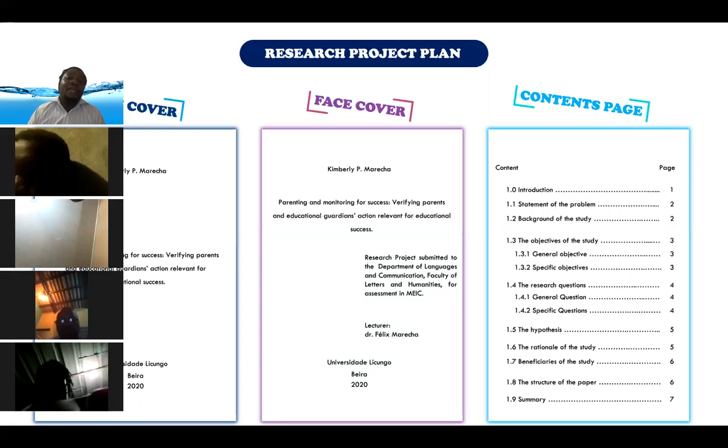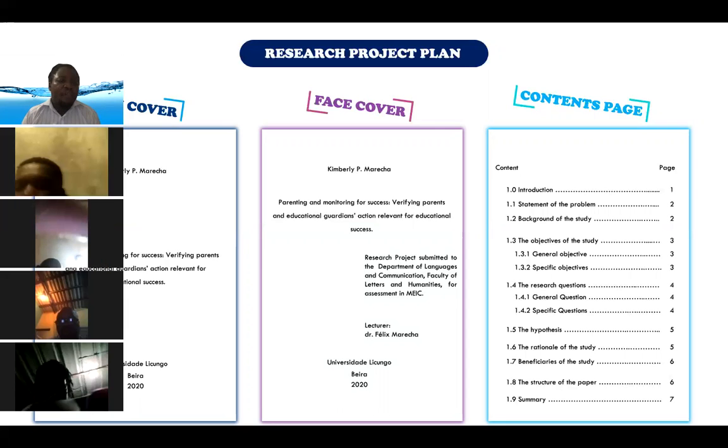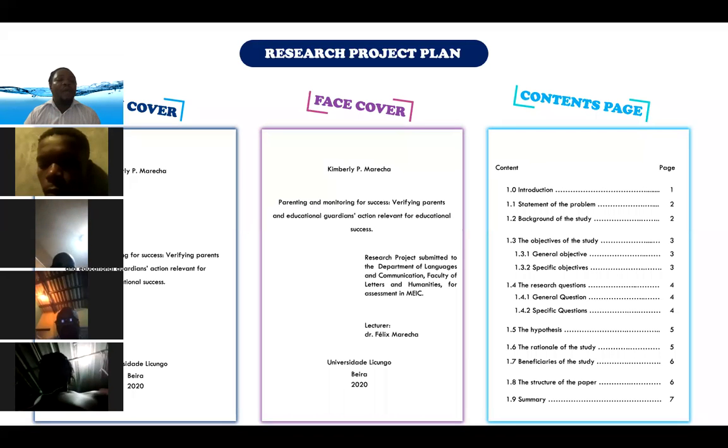For example, you can say chapter 1 of this, or section A, or the first section of this research project is the introduction. It's called introduction. In this introduction, I introduce the reader or my audience to the problem that I'm planning to investigate or to research.